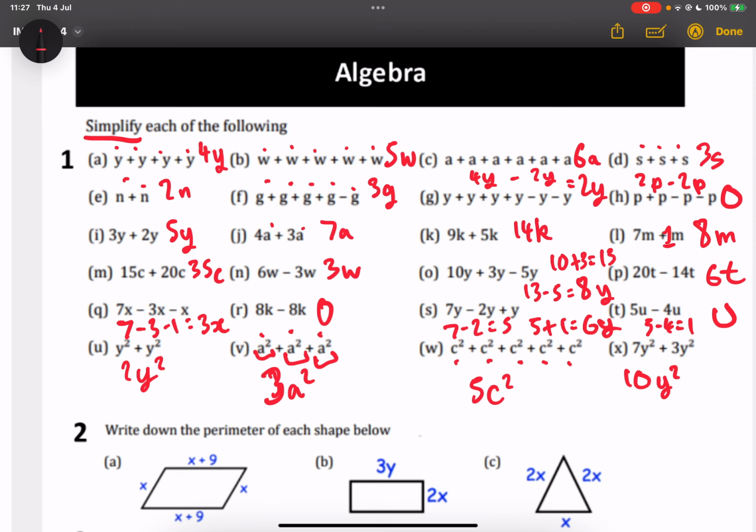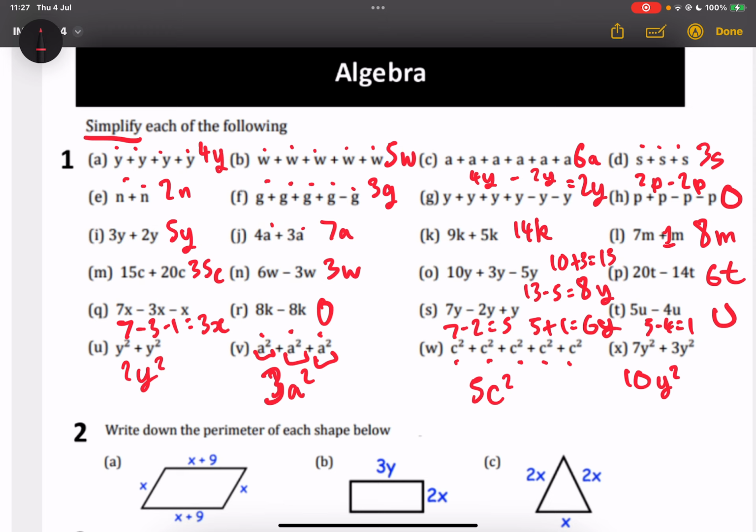F is 4b, which is 4 times 10, which is 40. G is 3 times e, so 3 times 15, which is 45. H is 5 times c, so 5 times 3 is 15.